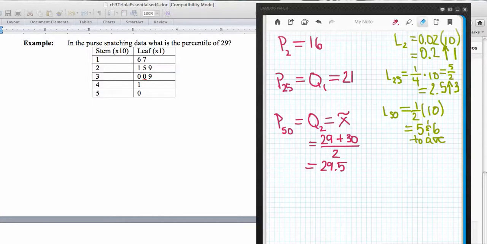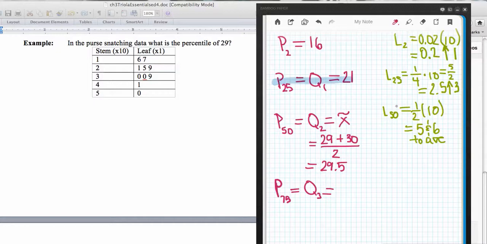Now I want to show you a trick with our 75th percentile, and our Q3, and our 25th percentile. We could go through the exact same process for finding P75, our third quartile, as we did for all of the rest of the percentiles that we found here. However, the 25th percentile and the 75th percentile are symmetric, right? If you think about it, 25 is the same distance from the bottom as 75 is from the top.